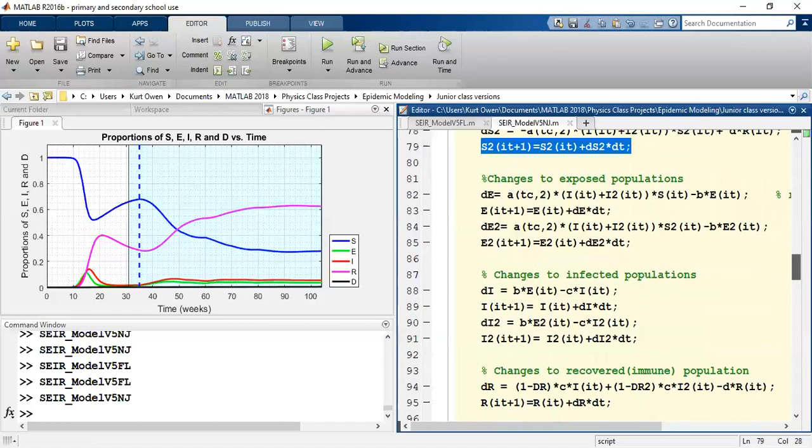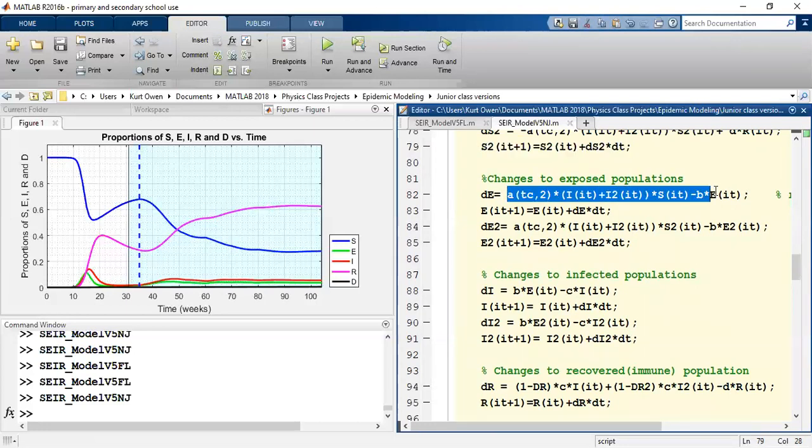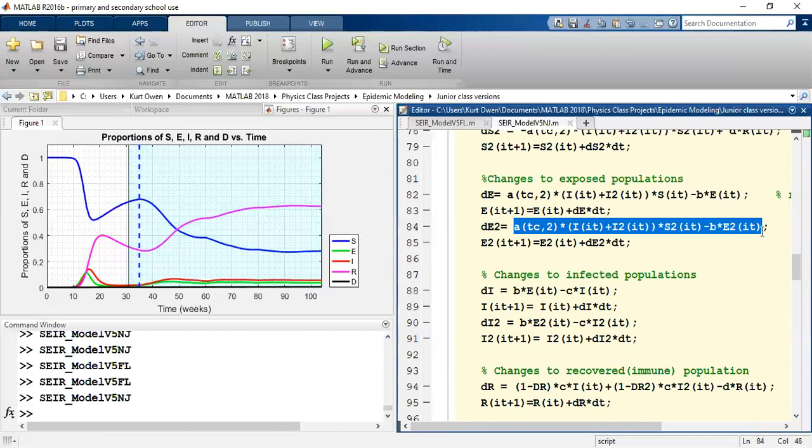Okay, now we do the same thing for E, and that's determined by AIS going in minus B times E going out. And we have exactly the same thing down here for the second exposed category.